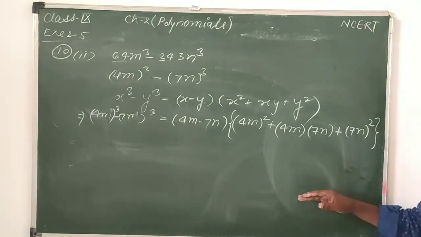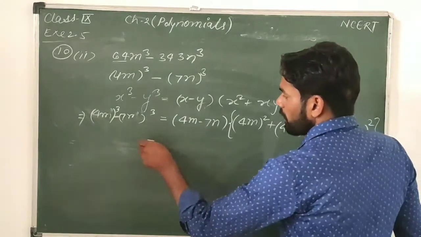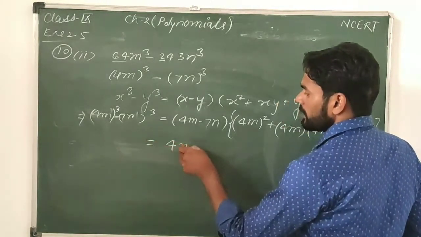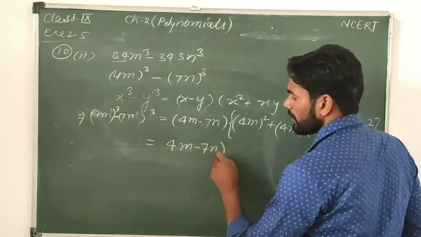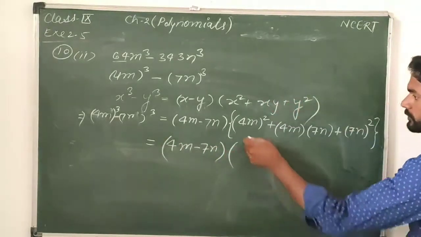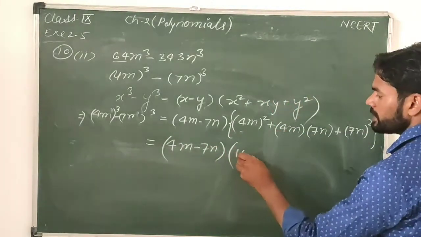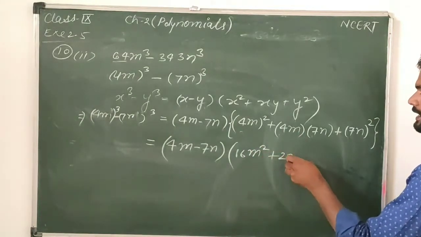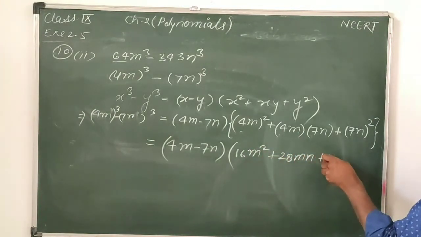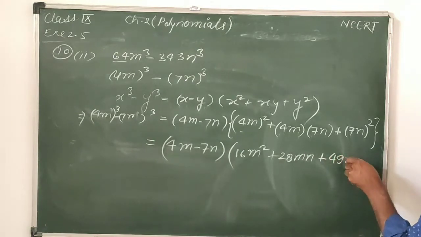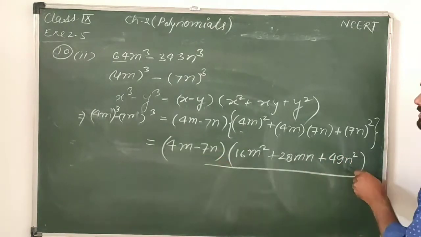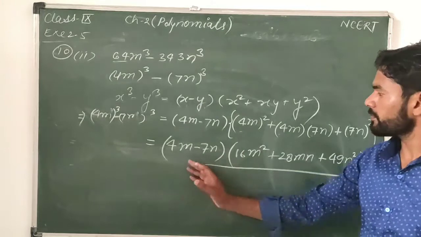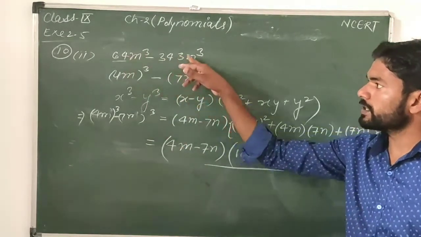Are you getting it or not? Okay, student. Now next, 4m minus 7n. Open these: 16m square plus 7 fours are 28mn plus 49n square. So this is this one and this one. Both are factors of this part.